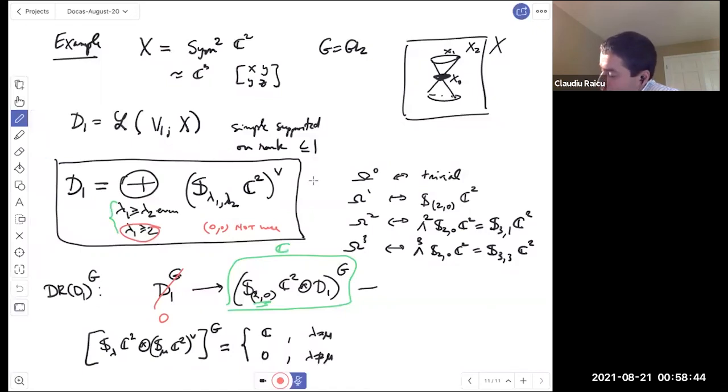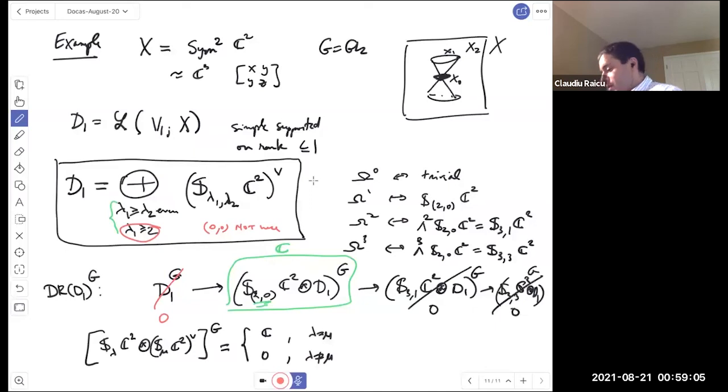But if you do the calculation for the higher terms, well, then S(3,1) is not going to appear in the decomposition of D1. So this guy is going to be 0. And likewise, S(3,3) is not going to show. And so this term is also 0. And so actually the invariant de Rham complex has only one non-trivial term.